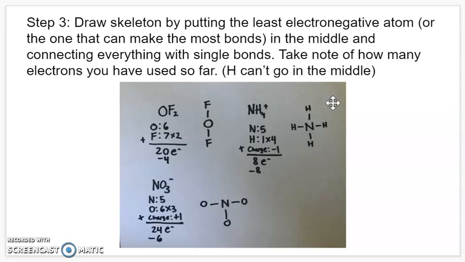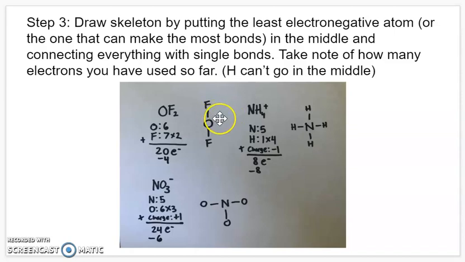So the other thing we want to do here is to take note of how many electrons we used so far, because we had our totals of 20, 24, and 8, and with each step we're going to be adding more bonds and more electrons to the molecule, and we want to subtract those in order to make sure that we're doing this correctly. So for OF2, I made 2 single bonds, and each bond, if you'll remember from last time, is a shared pair of electrons.